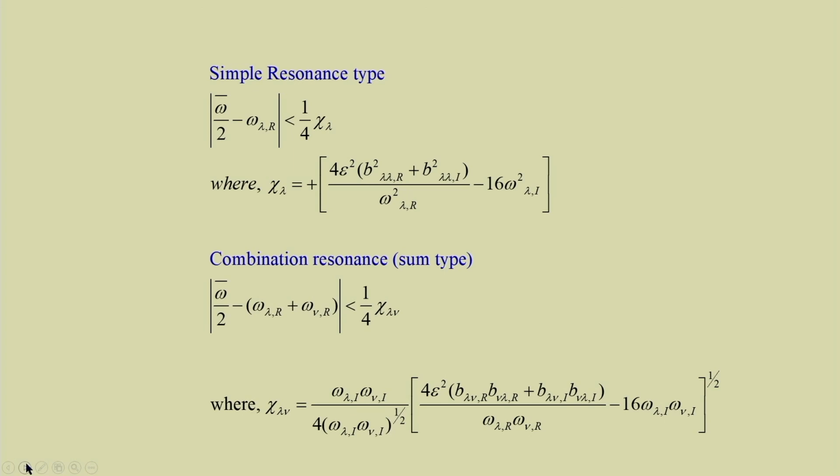In case of the Hsu method, they have given a very simple equation to find the instability region. These instability regions are simple resonance conditions, or this is also known as the principal parametric resonance condition.